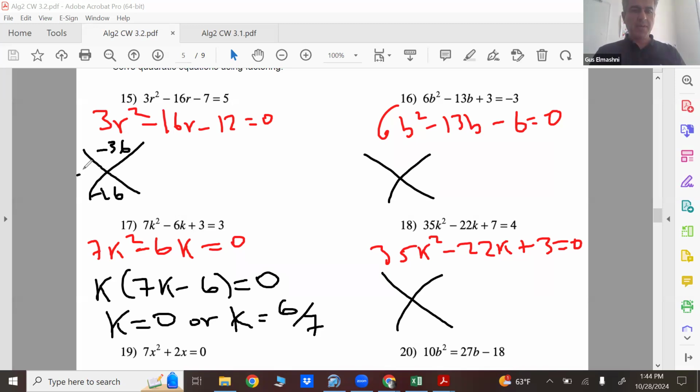Second P. Oh, geez. Positive 6. And then, it's like this is like right now.